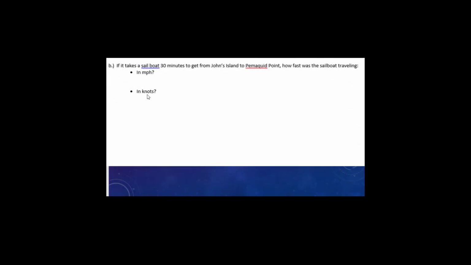So here's our last problem. It's a little tricky. So miles per hour, kind of know what that is, right? And knots is nautical miles per hour. So knot is a speed. Nautical miles is a distance. We knew the distance in miles up here, and we calculated that in our last problem to be 3.196 miles.